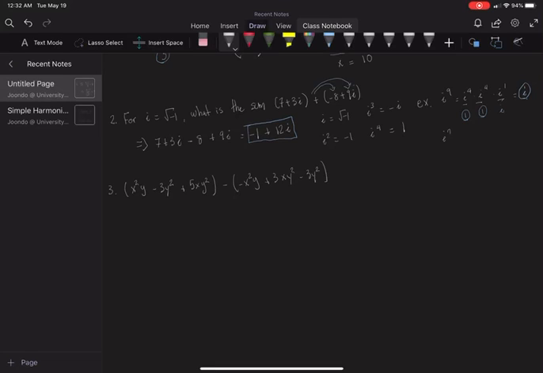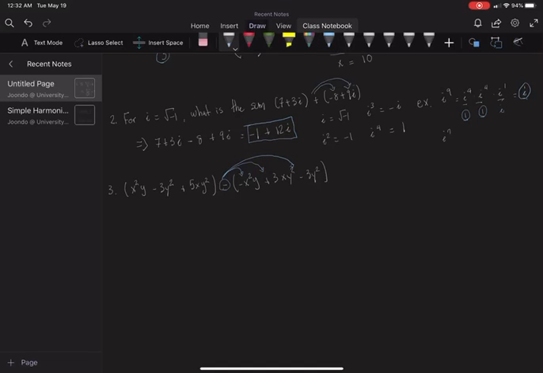So what we do here is we have to simplify this polynomial expression. We have this minus sign, so we have to distribute the minus sign to each one of them.